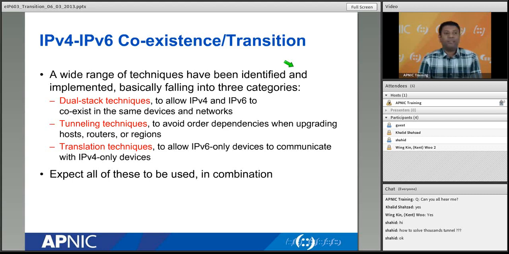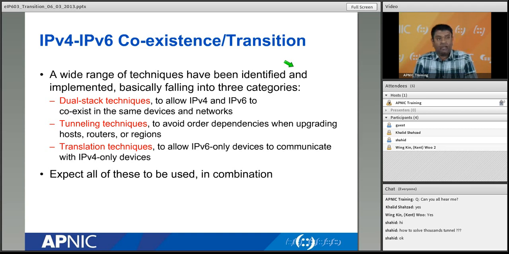So, if I summarize all the tunneling or transition technologies, they fall under three different categories. Number one is the dual stack technique. Dual stack means every machine understands both V4 and V6. Then we have the tunneling technique.